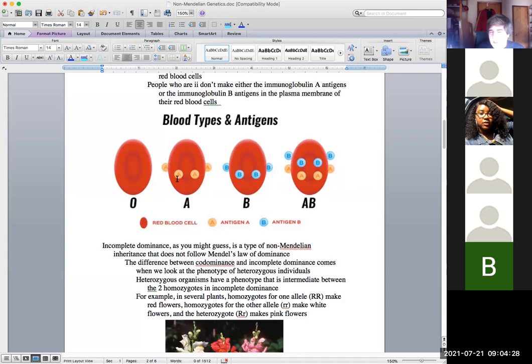You could have type O blood, you could have type A blood, you could have type B blood, or you could have AB. Now, there are actually 3 different alleles here. If we would look at you or we would look at me, an individual person still only has 2 alleles. But if we would look at the entire population, there are 3 different alleles out there.